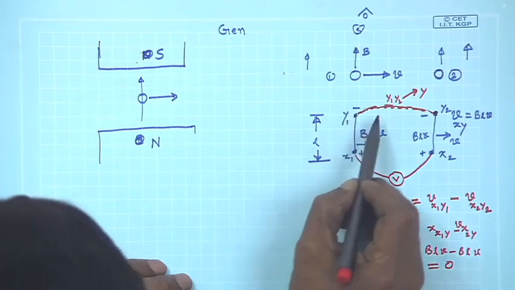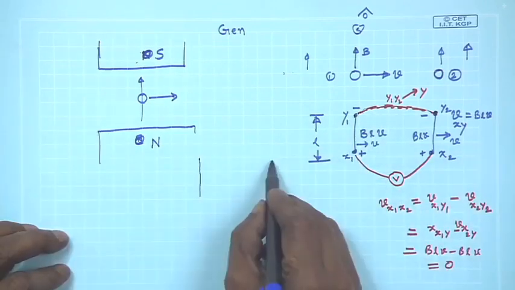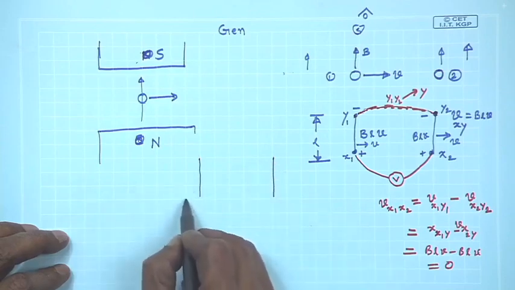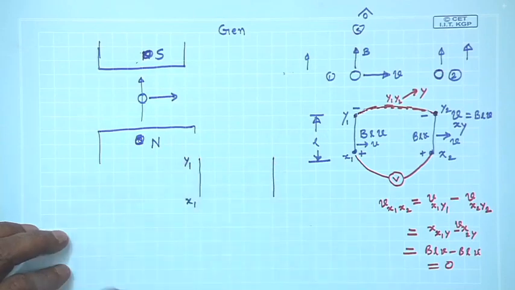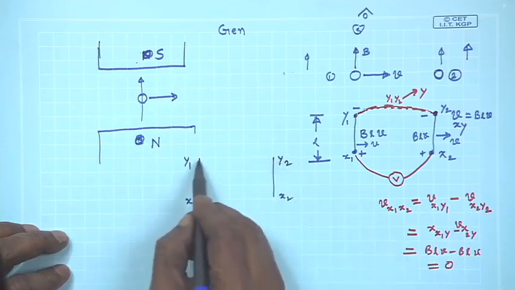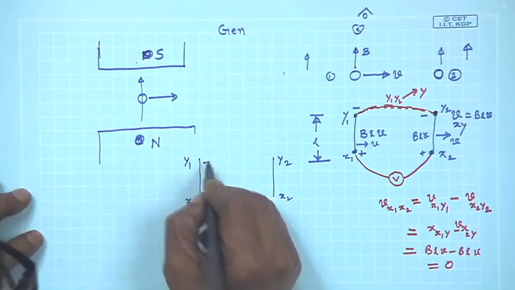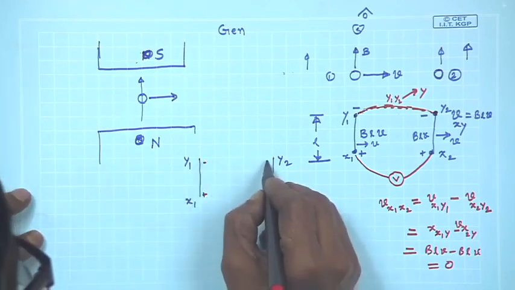Perhaps if I would have joined these two, x1 y1 and this x2 y2, suppose that flexible wire, and this voltage is BLV plus minus, this is also BLV plus minus.